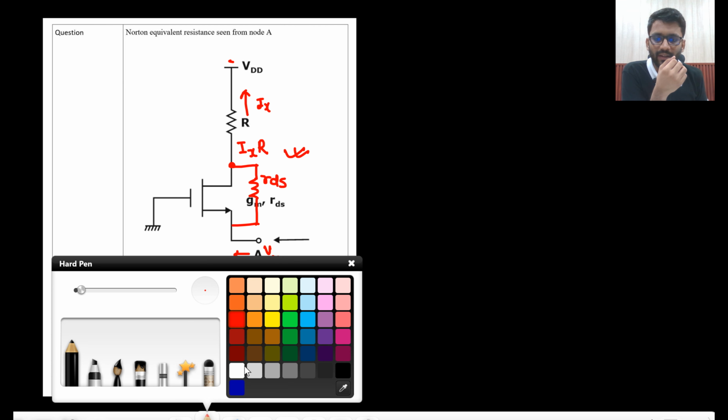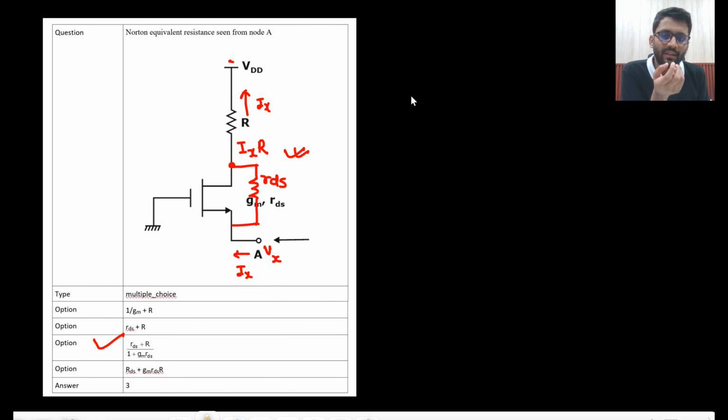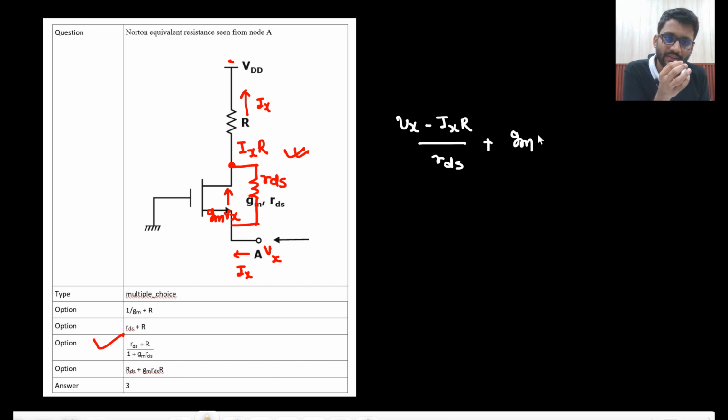Then you can simply apply the nodal equation. What would be the current in the upward direction in MOS? That would be GMVx. So in one equation only you will be able to get the answer. Vx minus Ix into R divided by RDS plus GMVx is equal to Ix.